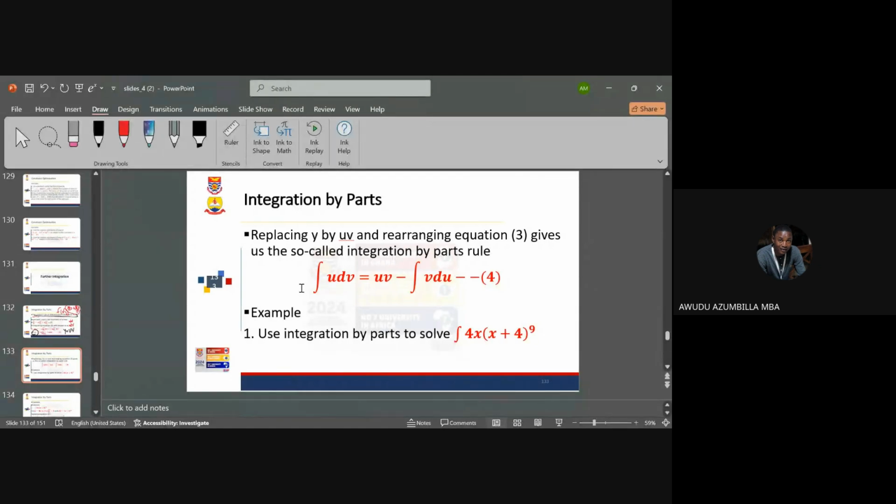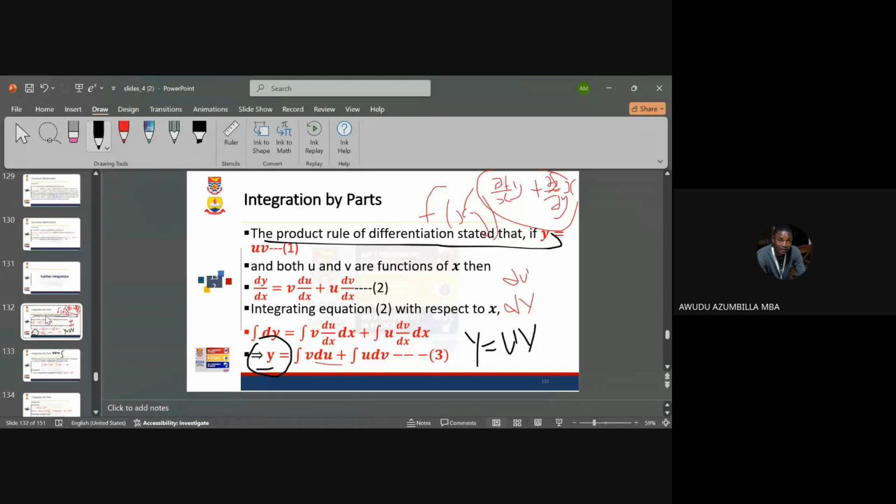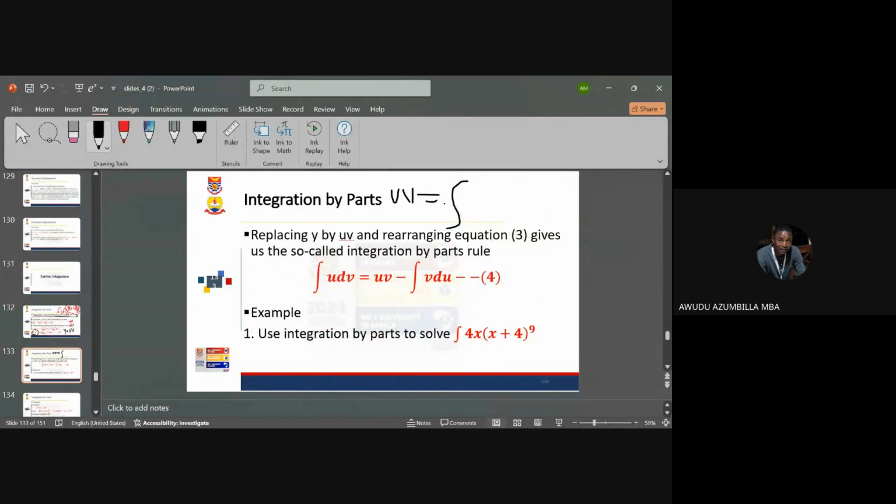So y is equal to uv, so we now have uv equal to the integral of v du plus the integral of u dv.